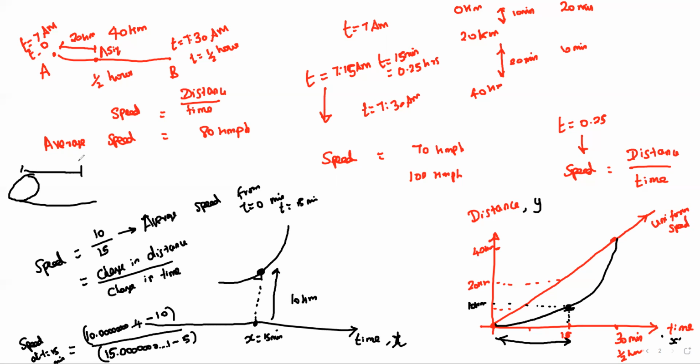In the speedometer there will be a microprocessor or something, which divides that fixed circumference by the measured time. That value is what is shown on the speedometer. So the speedometer is also showing the average speed between this point and this point.